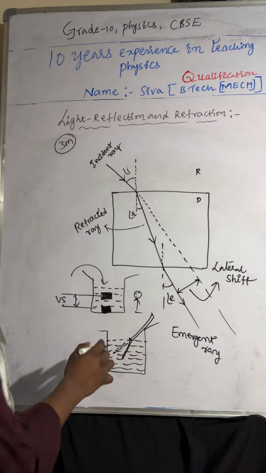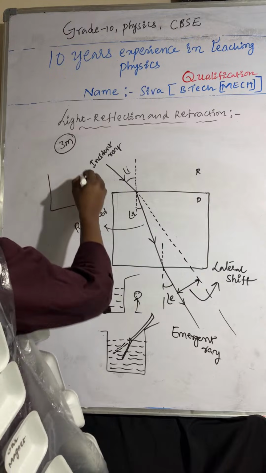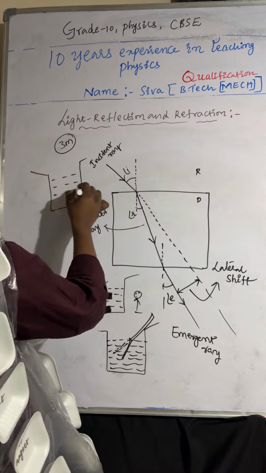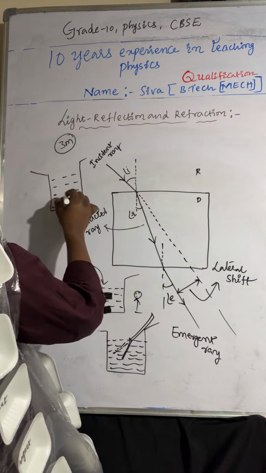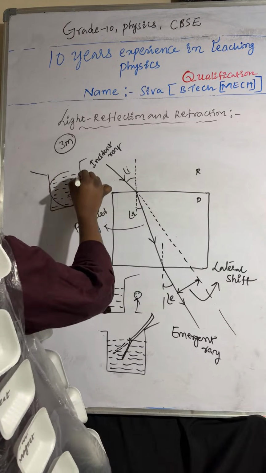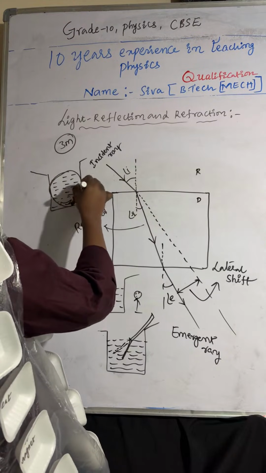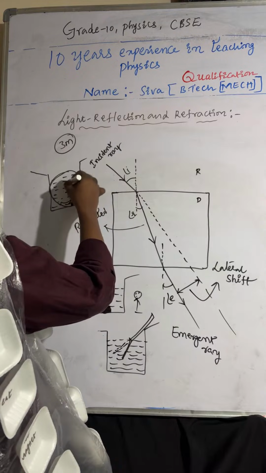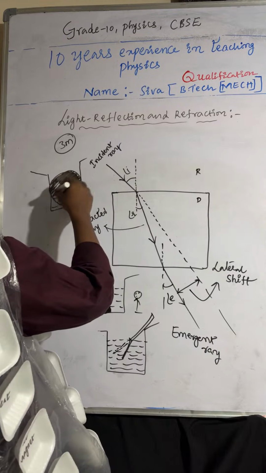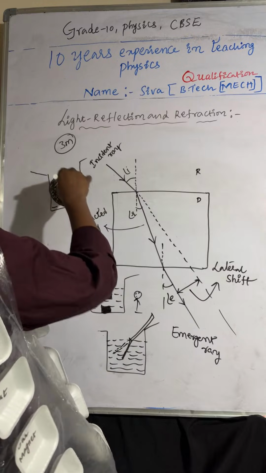Okay, so due to refraction of light, even if you place a lemon inside the beaker, it appears bigger. If you observe, when you go to a shop, near the cashier table, the lemon they place there appears bigger.